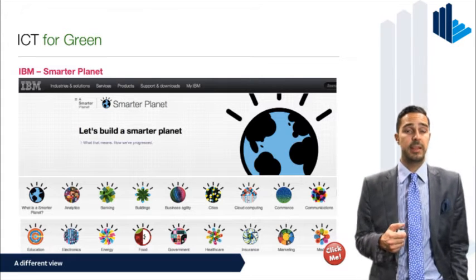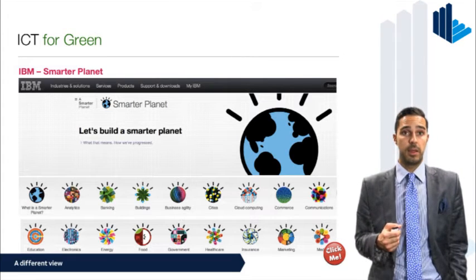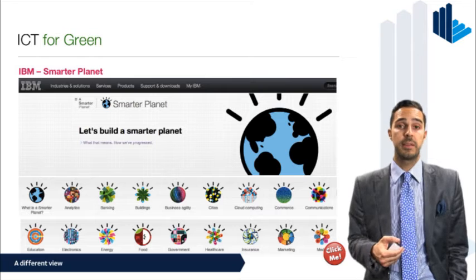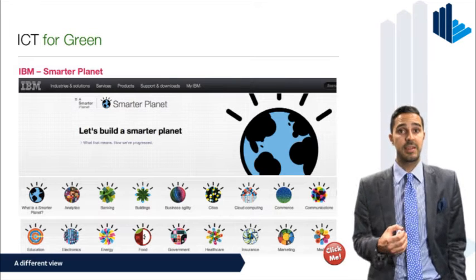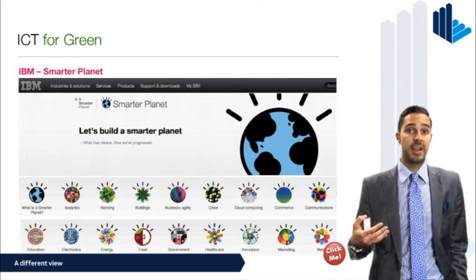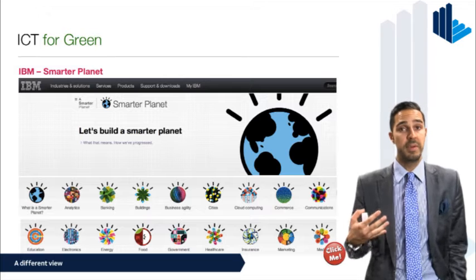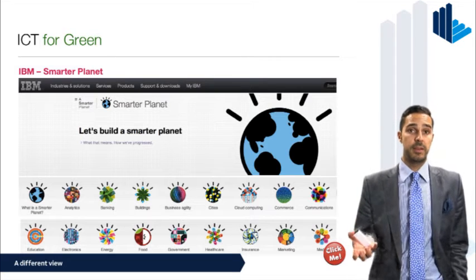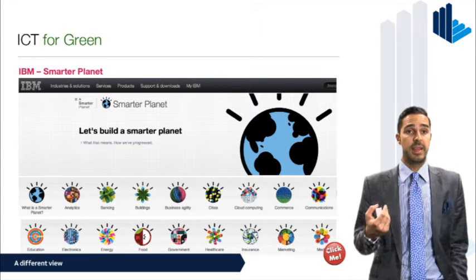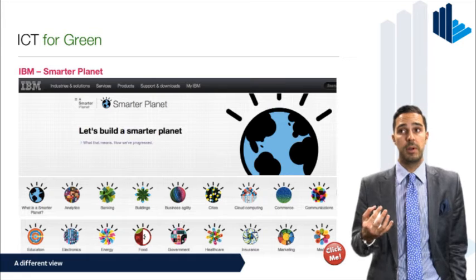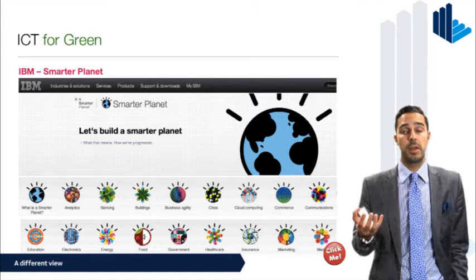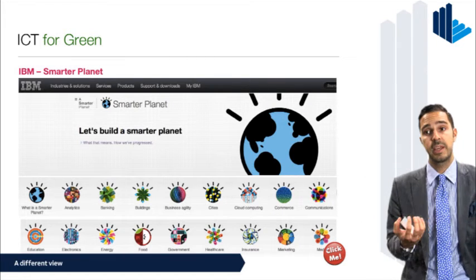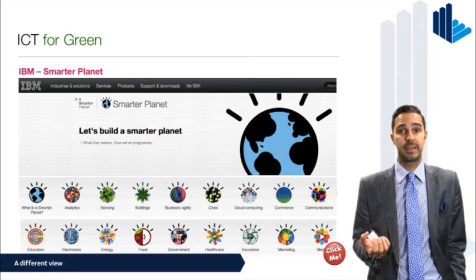IBM is a company that really was the first mover in this context. They developed a completely new business unit that is offering a portfolio of solutions for what they call a smarter planet.